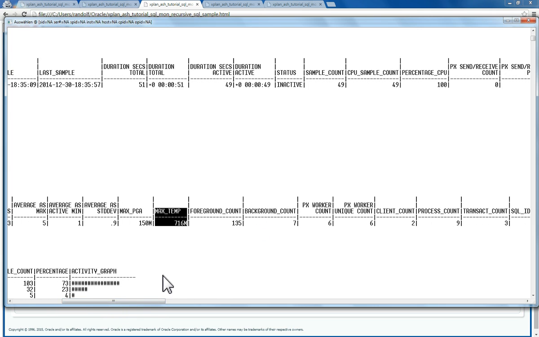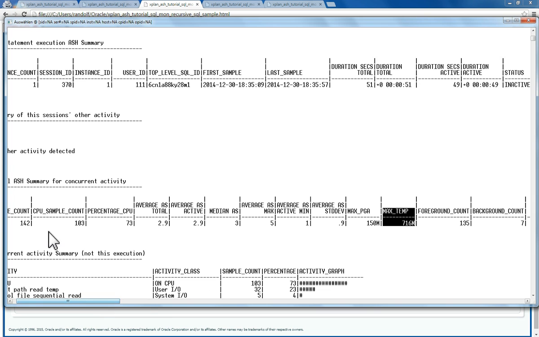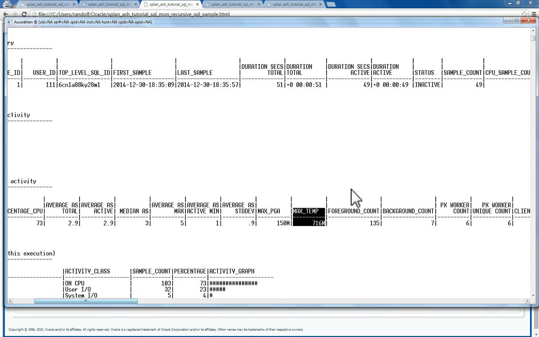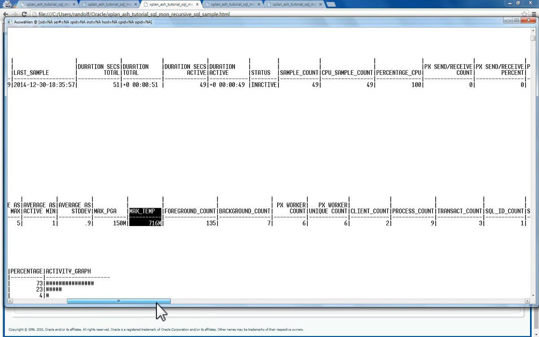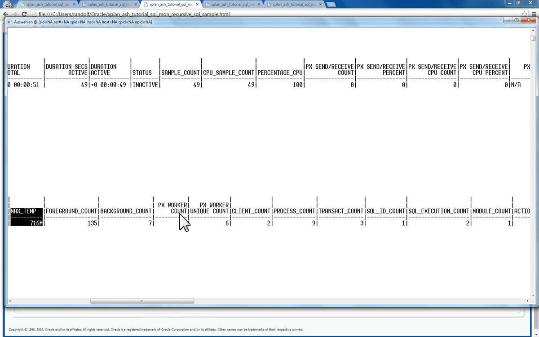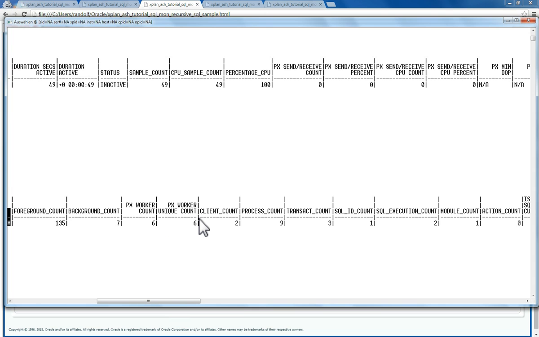The differentiation between foreground and background activities can also sometimes be quite interesting. Most of these samples were foreground activity, only a couple of samples were background activity, and we also get information about the number of parallel execution servers found.